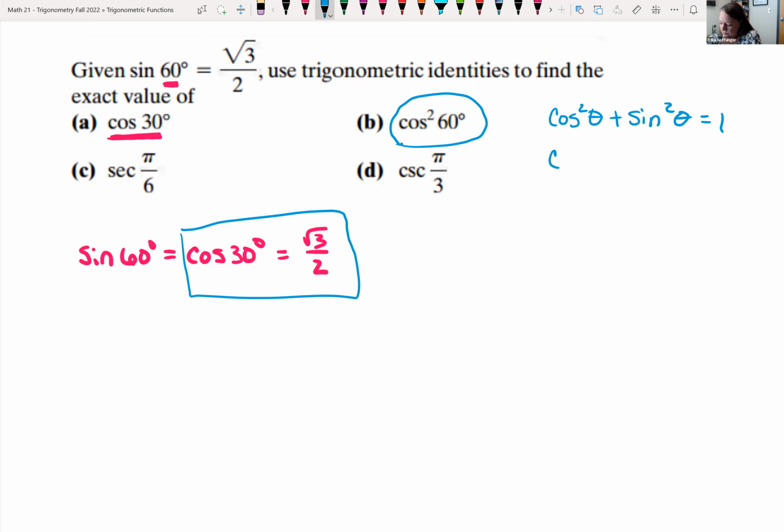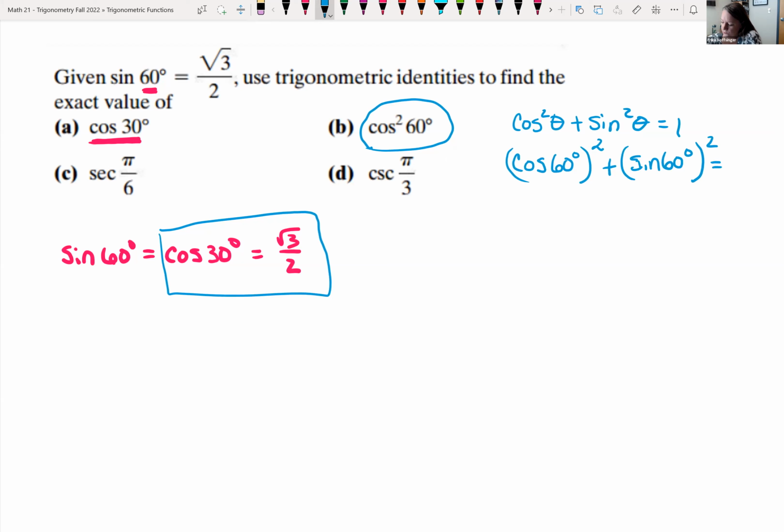The angle has to be the same for this identity. So we have cosine of 60 degrees, I'm going to write it a little differently, quantity squared, plus sine of 60 degrees, quantity squared, is equal to 1.